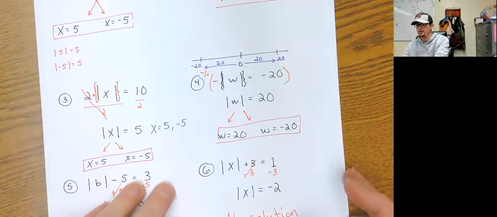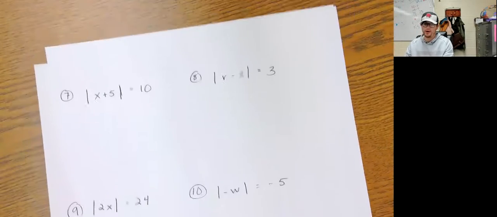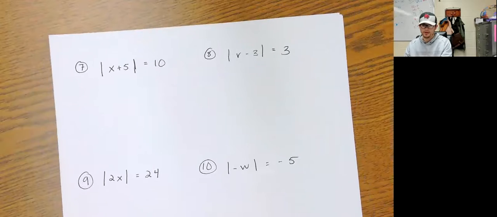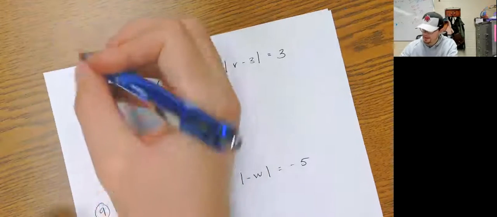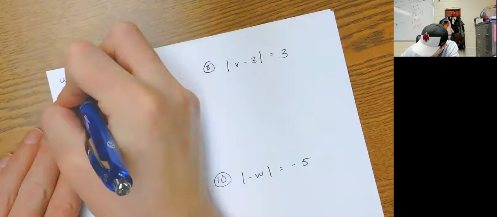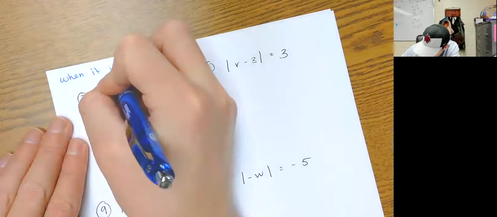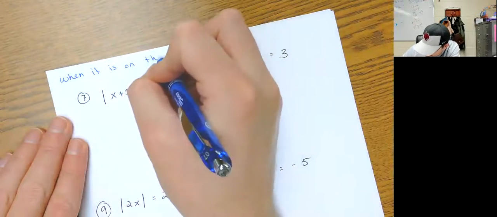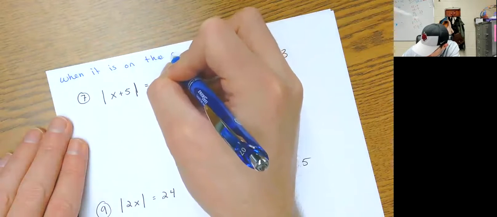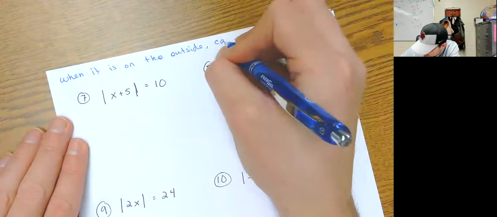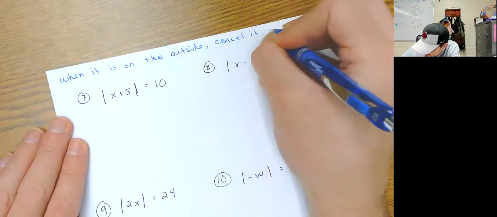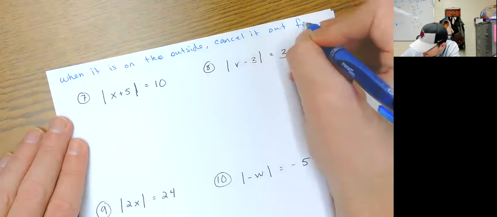So a rule so far that we have, which I'm going to write up here on the top of this page, is, let me grab a blue pen: when it is on the outside, comma, cancel it out first.